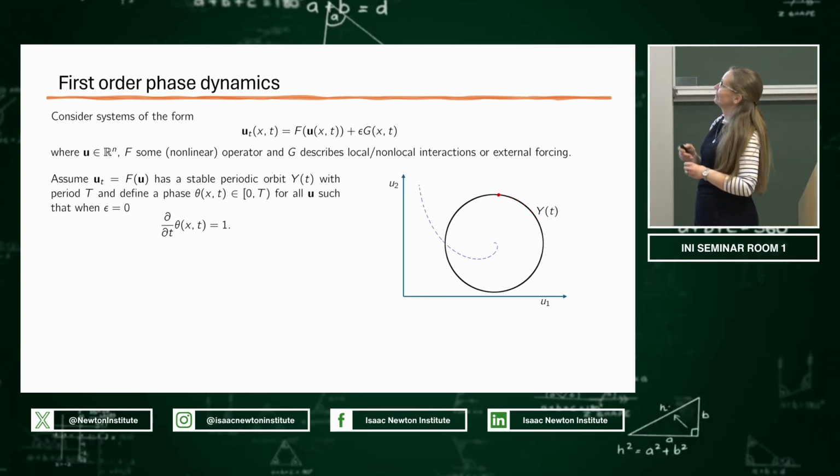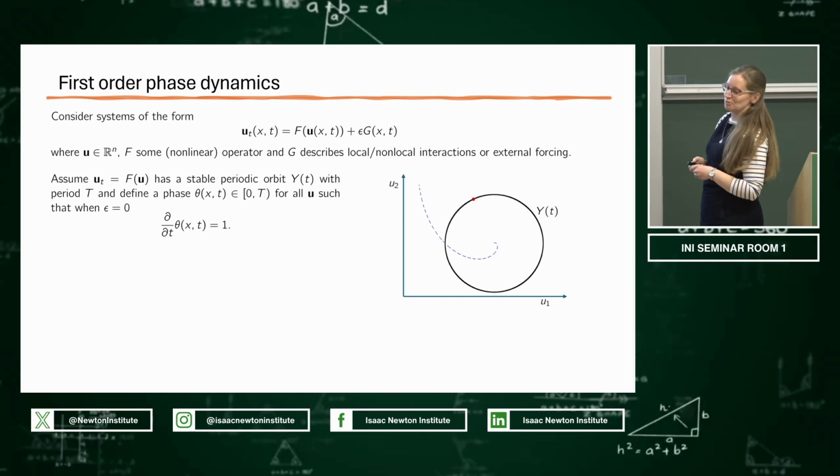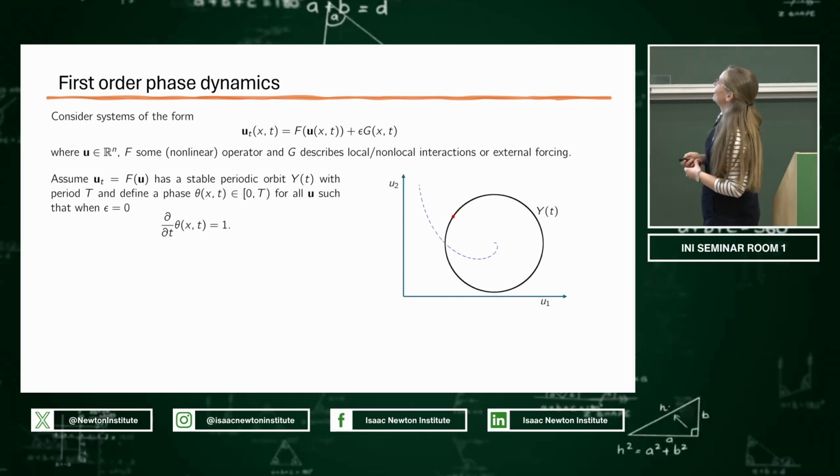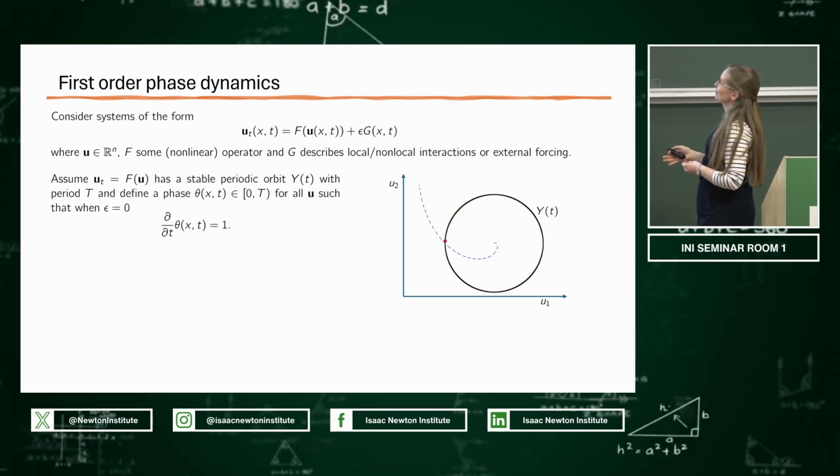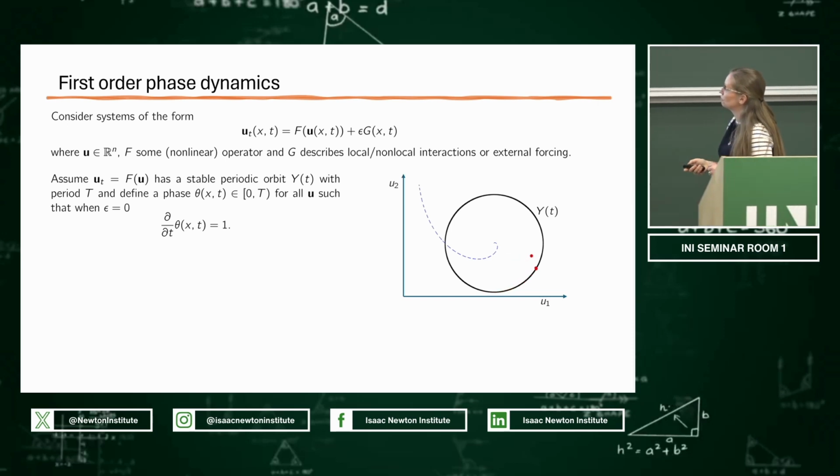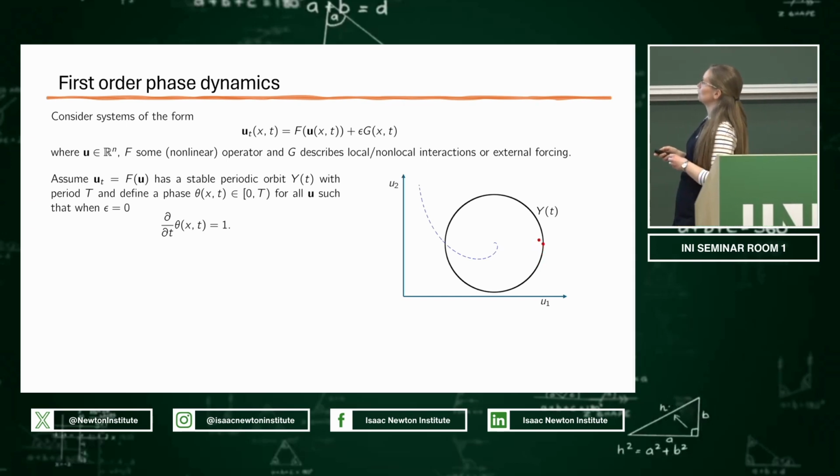This animation is probably describing that better than I am. The red dots originally start out a distance away from the limit cycle, and eventually they all join up, which means that they all have the same asymptotic phase.